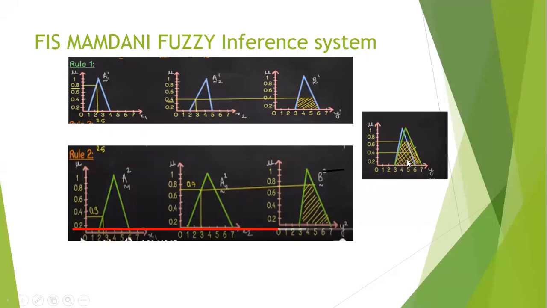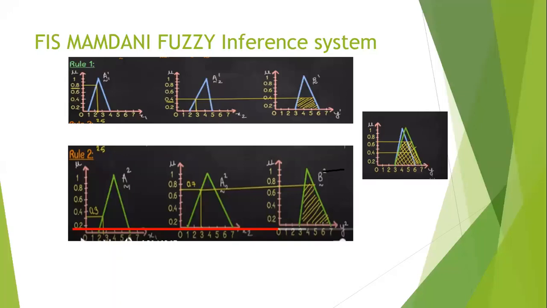Here is the final output of the Mamdani fuzzy inference system using the max-min method. Your final output is this cross shaded area. Hope it is visualized for everyone. This cross shaded part is the final output which needs to be defuzzified into crisp sets. Okay, hope you have understood.